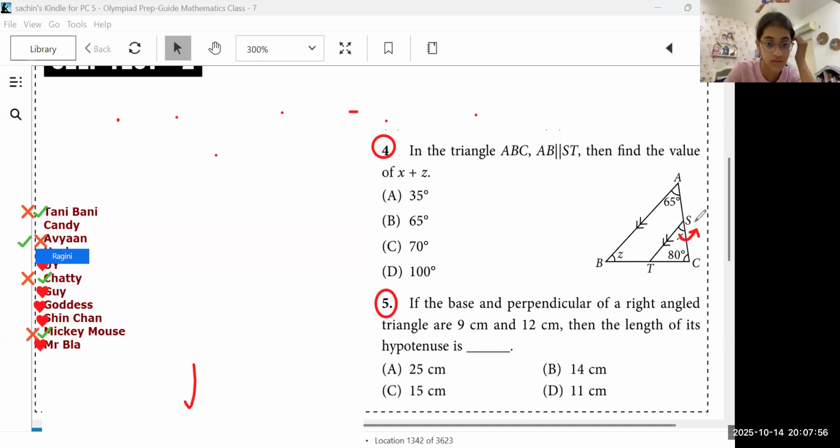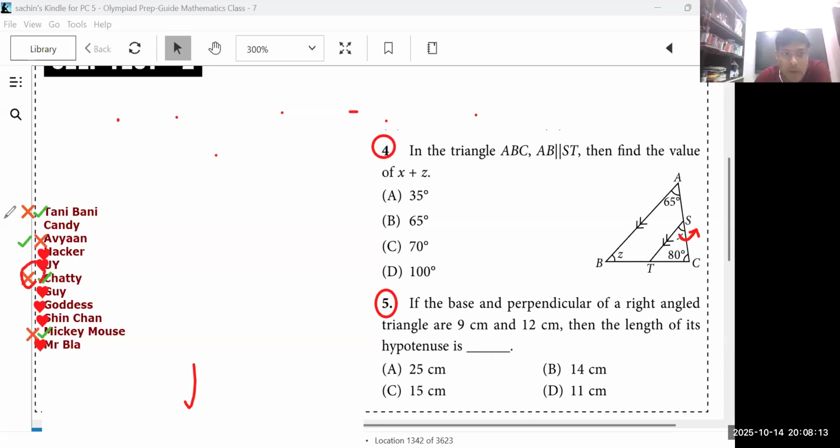So the answer will be D part. And the last question, I'm finding out the square root. So I am asking how much will be x first of all. 35, 65. What's the reason? Z will be 35. What's the reason for x being 65?